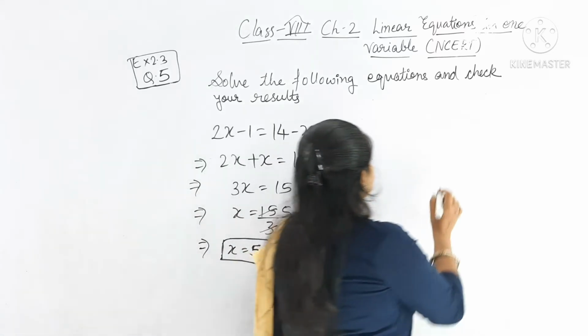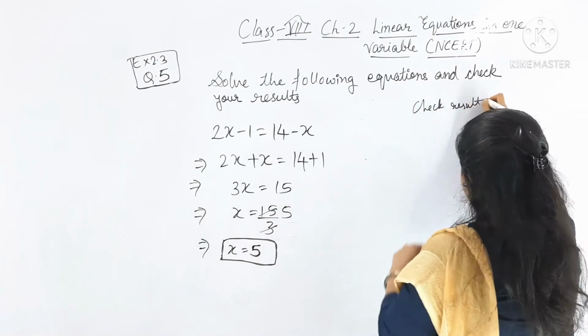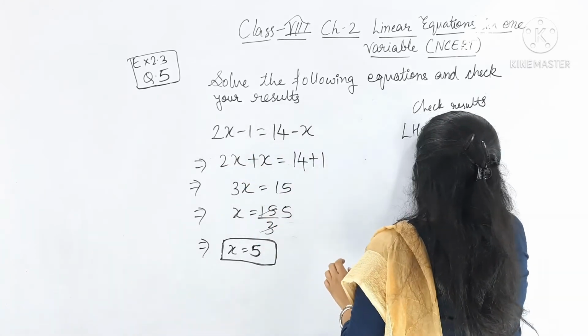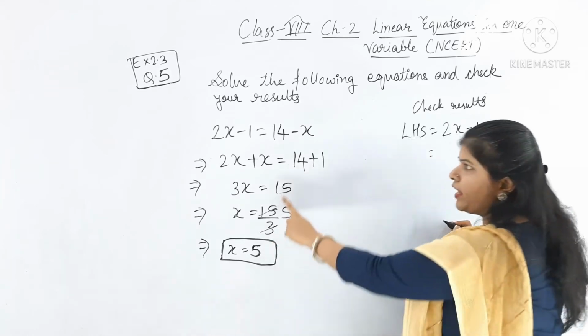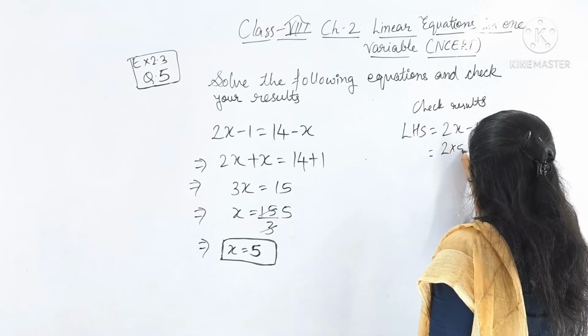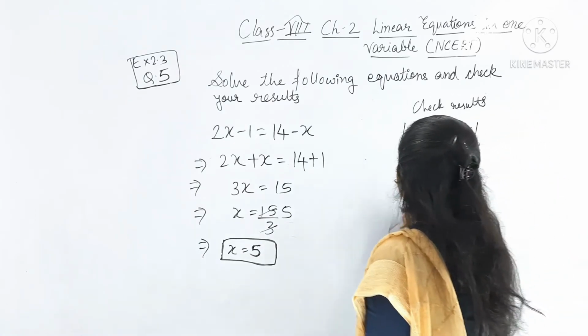Okay. Now we have to check the result. Here LHS is equal to 2x minus 1. So we have to substitute this value to here for checking the result. 2 into 5 minus 1, that is 10 minus 1, I am getting 9.